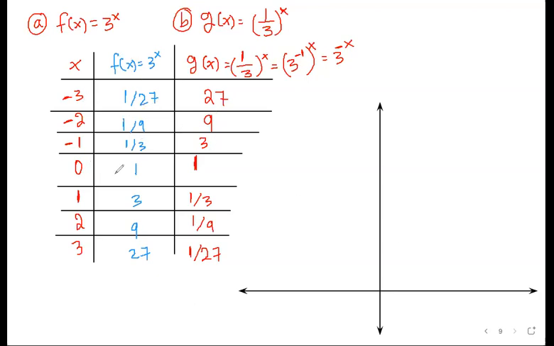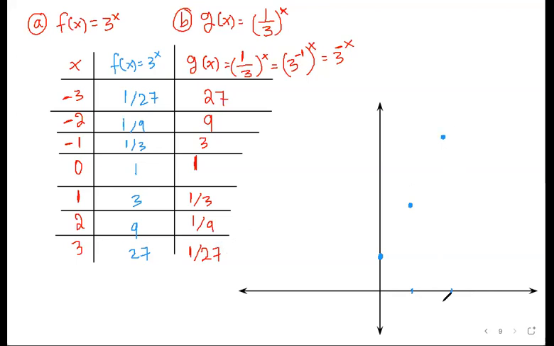The first point is 0 and 1. Then 1 and 3, around here. For 2, the point is 2 and 9, around here.